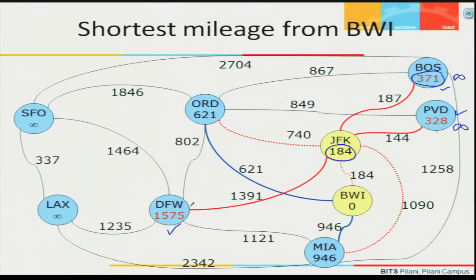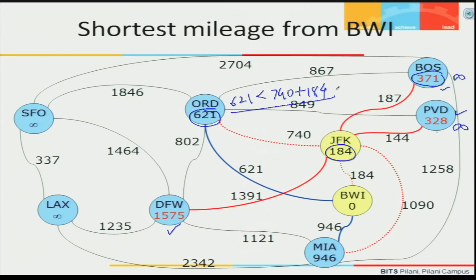Now, the d value of this is less than 184 plus 740, so this is not updated. We know that 621 is less than 740 plus 184.